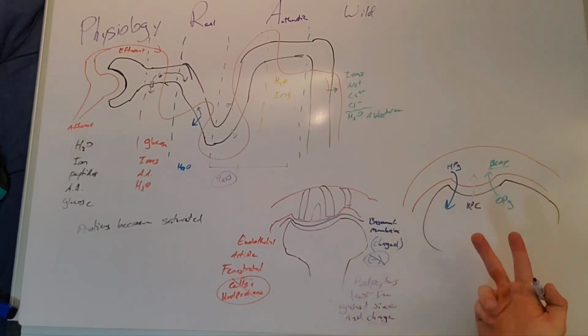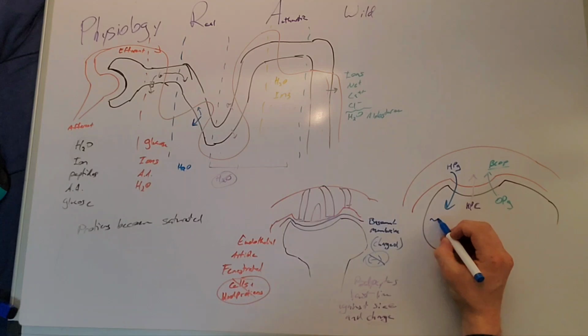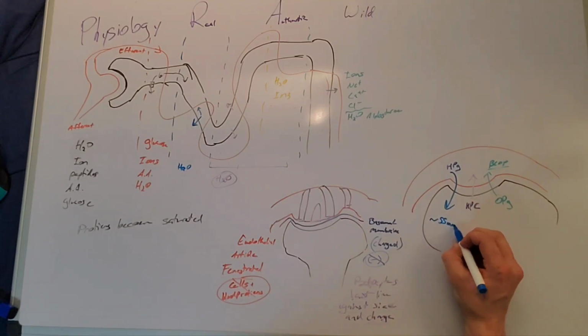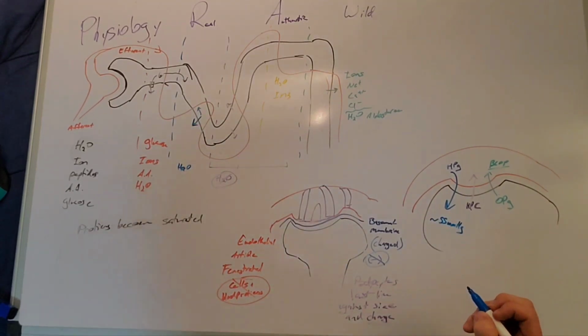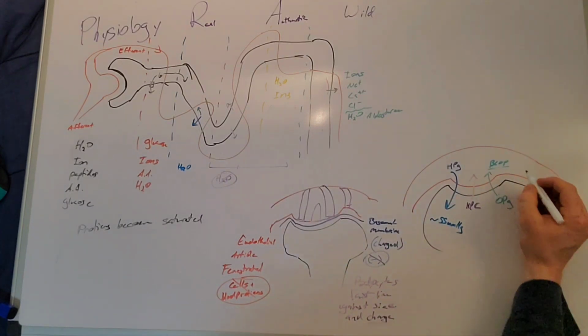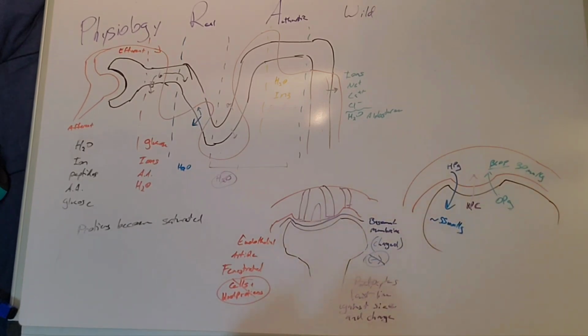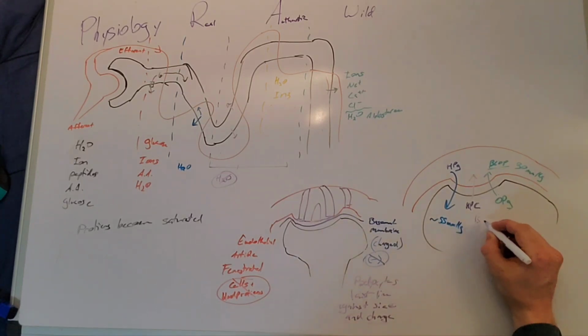So even though we have two arrows going this way, this one is very strong. This pressure is sustained at about 55 millimeters of mercury, while the BCOP stays at 30 mmHg, and I think this one was actually 15 mmHg.